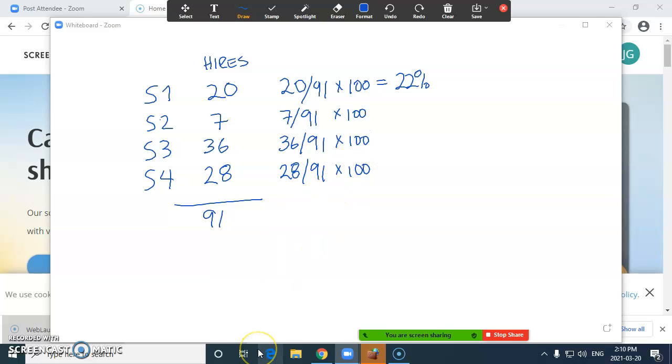Now this is relatively easy to do in Excel, but I want to do it this way just so we don't miss anything. So we got 22% of our hires from source 1, 8% from source 2, 40% from source 3, and 31% from source 4.